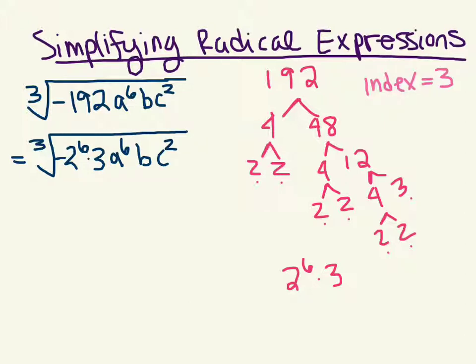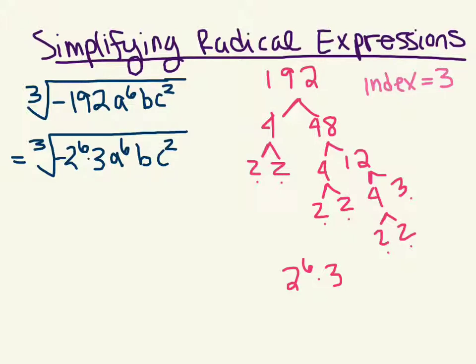Now we're ready to actually simplify this radical, and we're going to do that by looking at the powers and the index, and we see we have an index of 3, power of 6, power of 6. In both of these cases, we know that 3 goes into 6 2 times, which means that 1, 2 is going to be able to come out, and 1a is going to be able to come out of this radical.